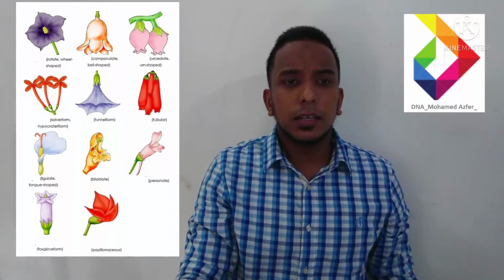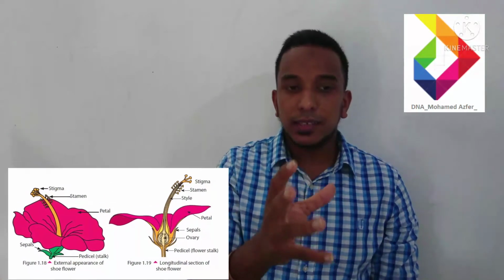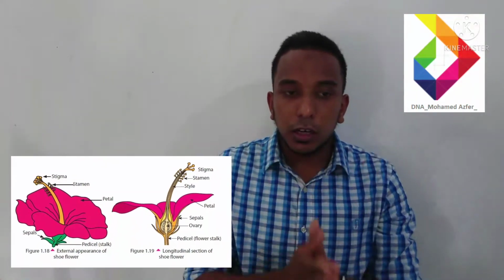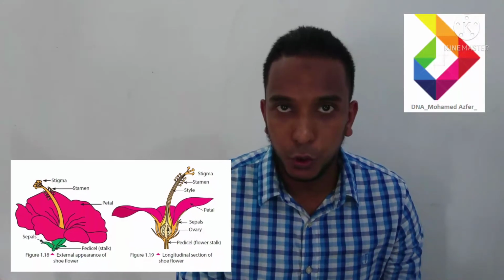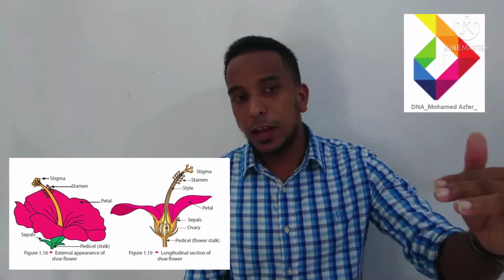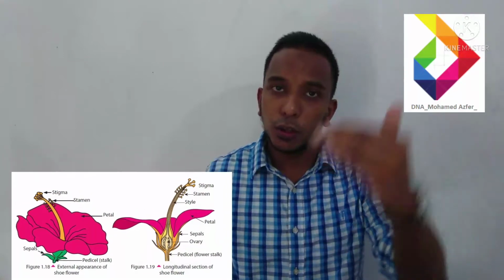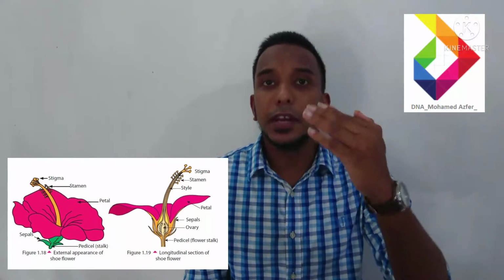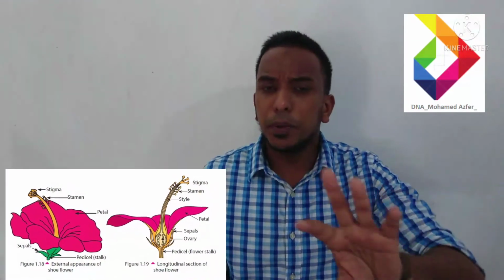Going below, you can see a cross section, a longitudinal section of a shoe flower, and also a complete appearance of a shoe flower. They have taken the longitudinal section and named the parts. It's very simple. You can follow this activity even at home.